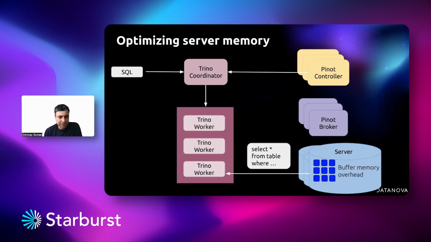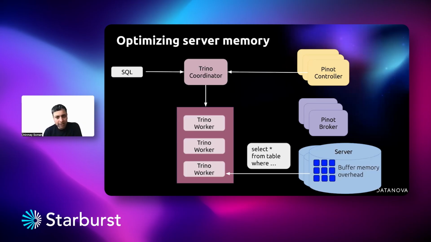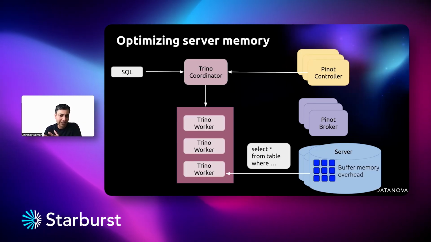In certain cases, it can result in out-of-memory exceptions, and the server might end up getting restarted. This is obviously non-ideal because it also affects the other queries happening natively in Pinot.